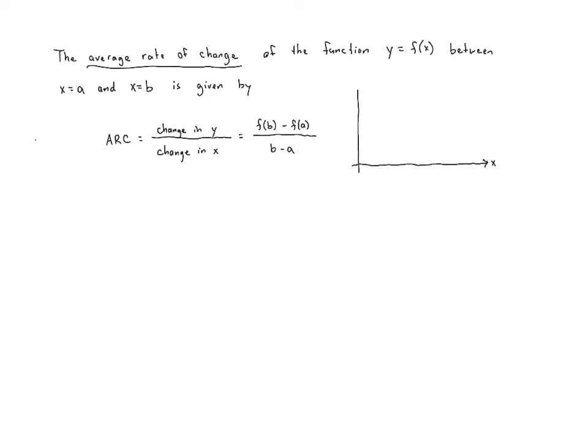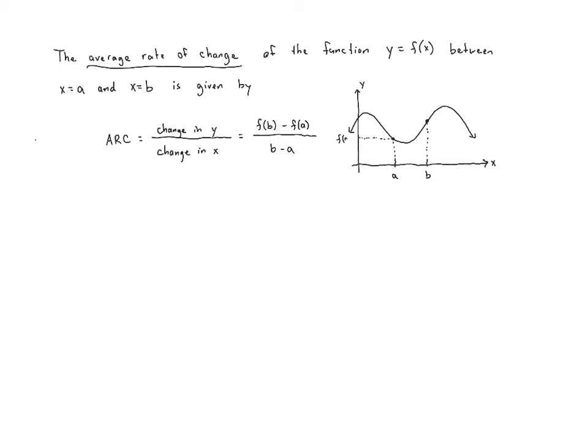We're going to have different functions, but let's take a look at what this is graphically. If we have some sort of a function, let's just say it looks like this, and we're looking between two values of x, a and b, and so we're looking at these 2 points here. Let's see, a is the x value of the first point, b is the x value of the second point.